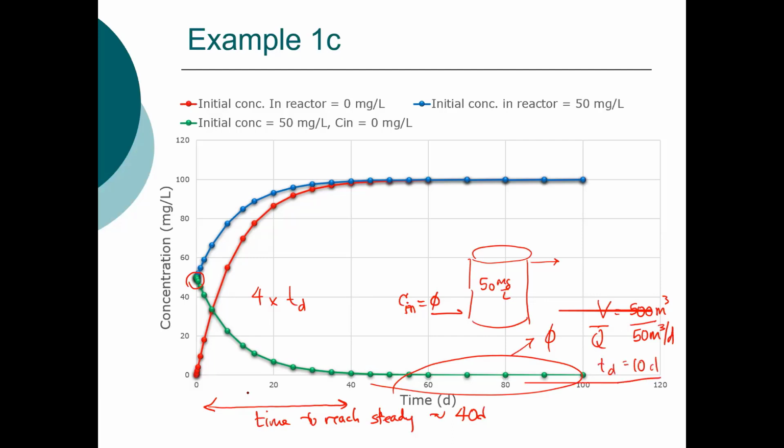As a general rule, it typically takes about 4 detention times to reach steady state without reaction. If you have a reaction, that will change. But without a reaction, it takes roughly 4. So we've got to flush out the system, essentially 4 volumes, in order to reach steady state.